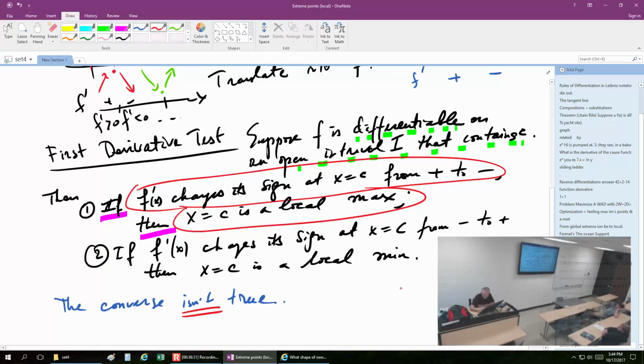So this is the example that just illustrates it. What can happen is that even though it is a maximum, there is no change of sign in the sense that we have discussed. And the function is differentiable, so that still stays. Here's the weird behavior.